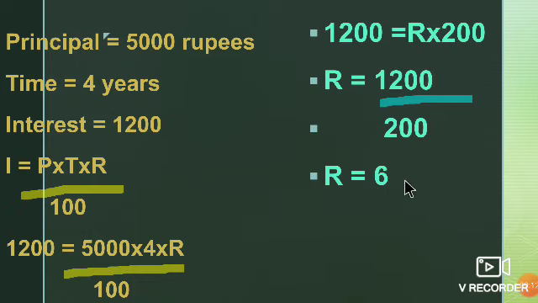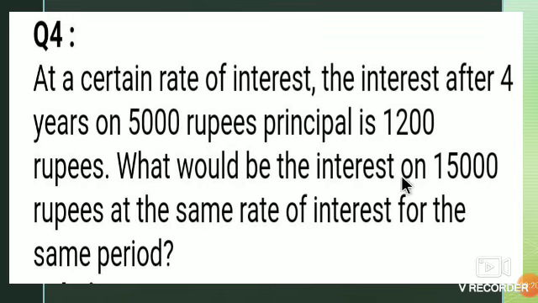So the second part of the question: what would be the interest on 15,000 rupees? In the second case, 15,000 rupees is the principal at the same rate of interest for the same period. Same rate of interest, that is 6%, and the same period, that is 4 years.